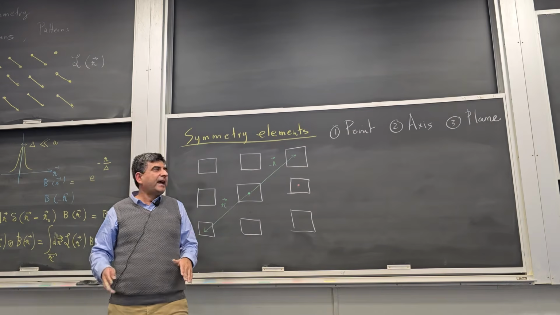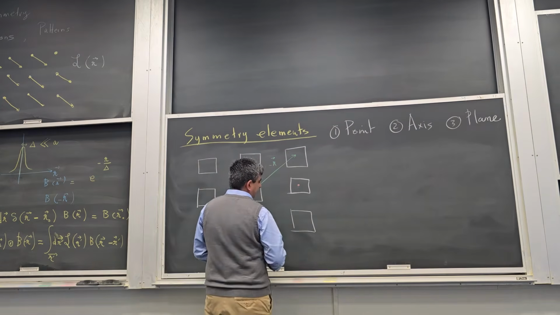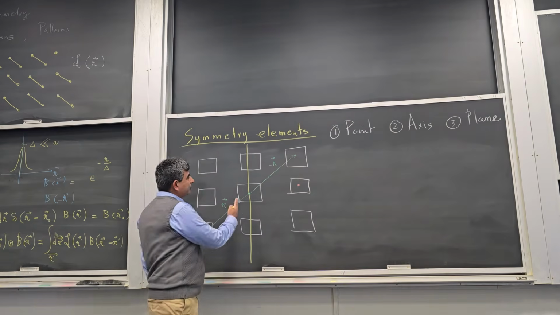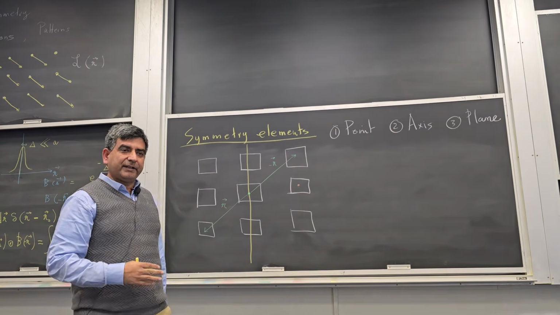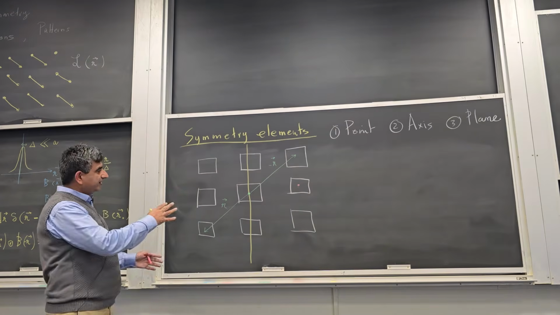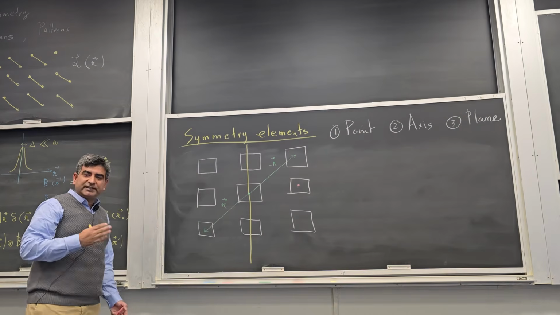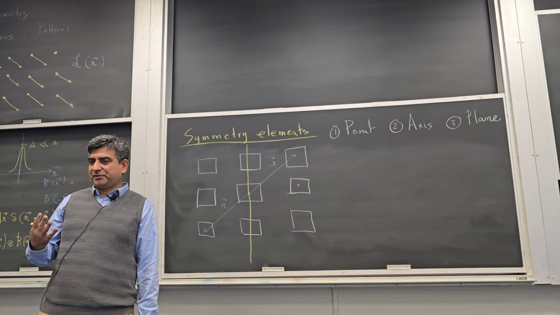Okay? I can also draw planes. So if I were to draw a plane like this, suppose it's vertical and it's a mirror plane, then this plane does exist inside this polygonal pattern. So now this mirror is a plane of symmetry.